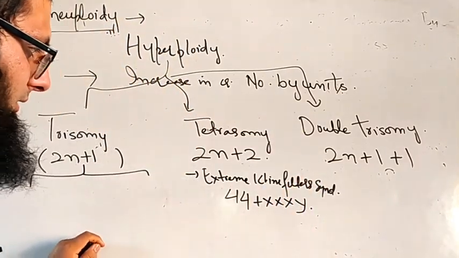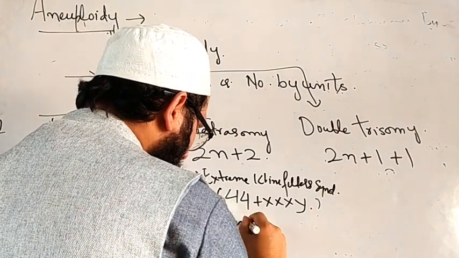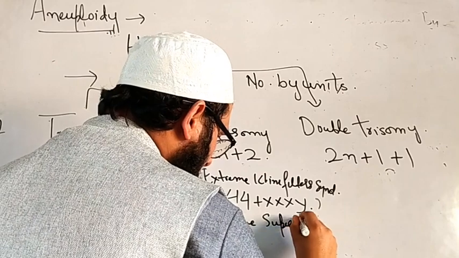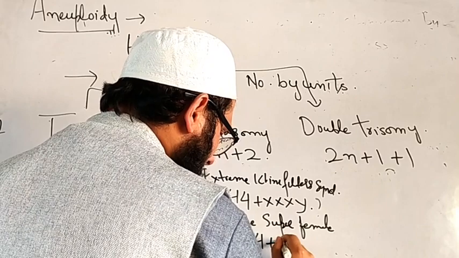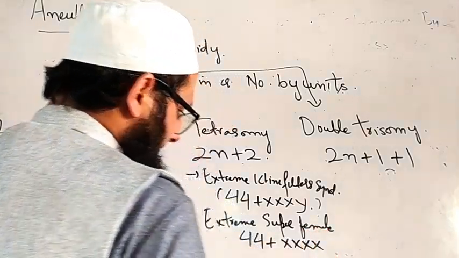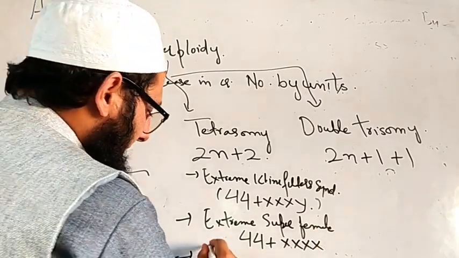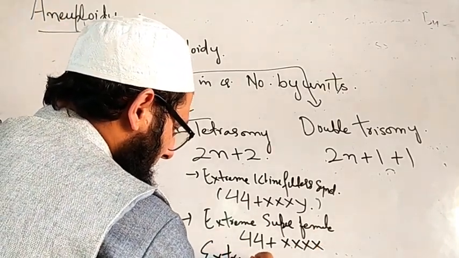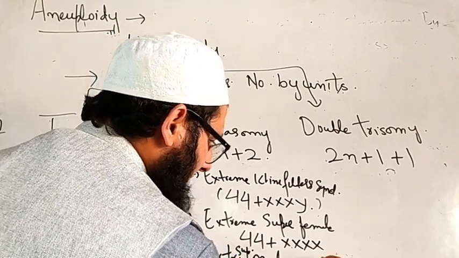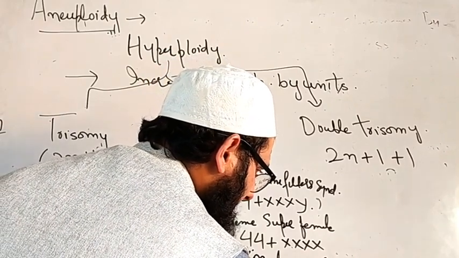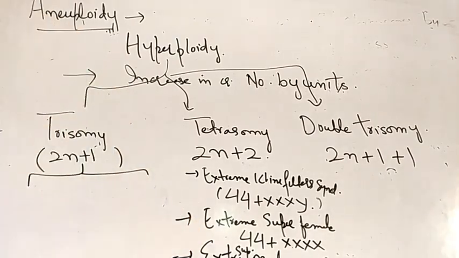Okay, this is extreme Klinefelter syndrome. We can have the condition as extreme super female. In this condition we have 4 X's, 44 plus 4 X's. We can have the extreme male, extreme super male. In extreme super male the condition is 44 plus XXYY. Okay, this is an example of tetrasomy.